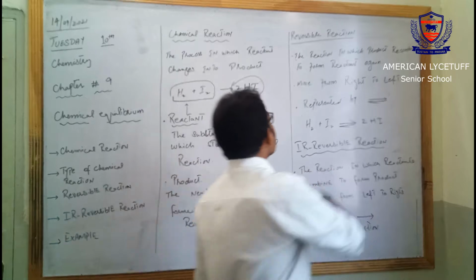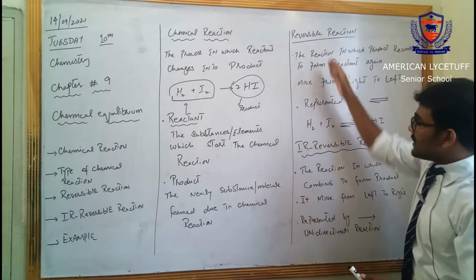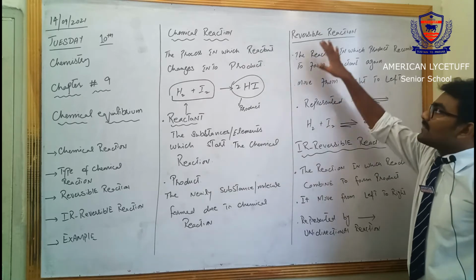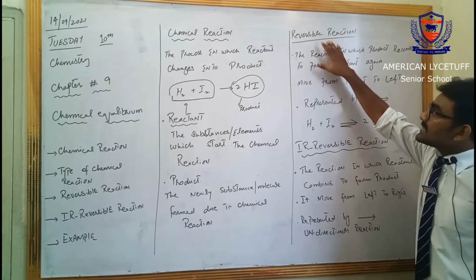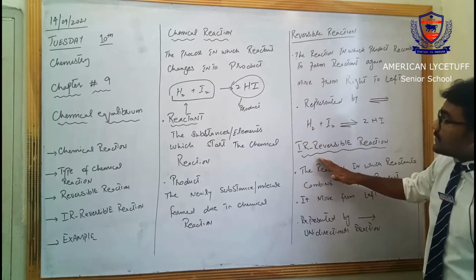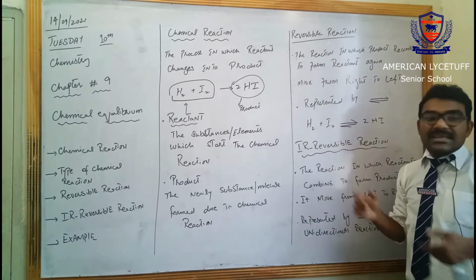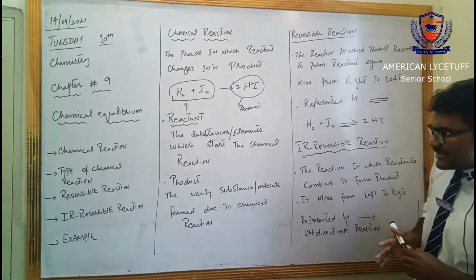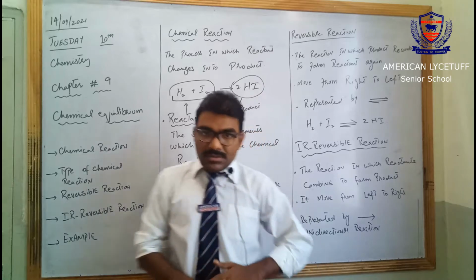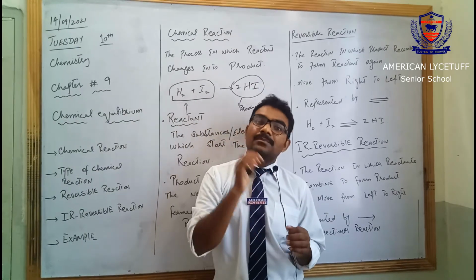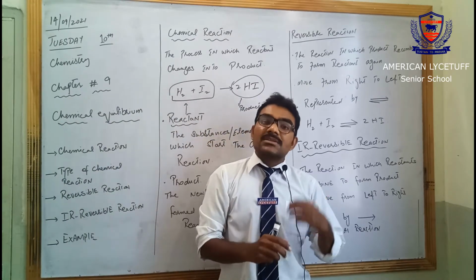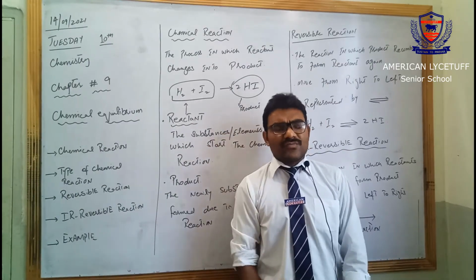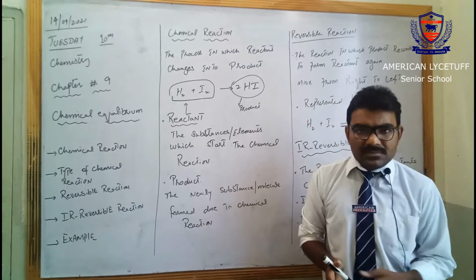Now move forward. We will discuss the types of chemical reaction. The two main types of chemical reactions are: one is reversible reaction, and the other one is irreversible reaction. Before going into the detail of this, take an example. Just take a paper and burn it. The paper turned into ash, smoke and some water molecules which will evaporate due to heat.